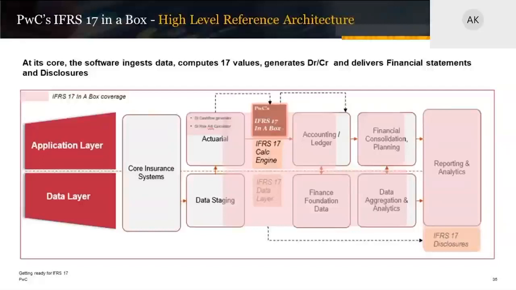So basically, it starts with cash flow projection for non-life insurance companies. If you are a complex life company, we would expect that you would have an external cash flow generator. But if you write a simple P&C product, this solution can already generate required cash flows for IFRS 17 calculation.